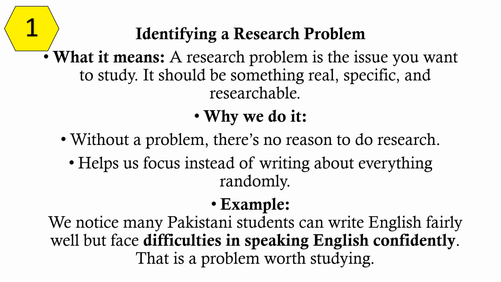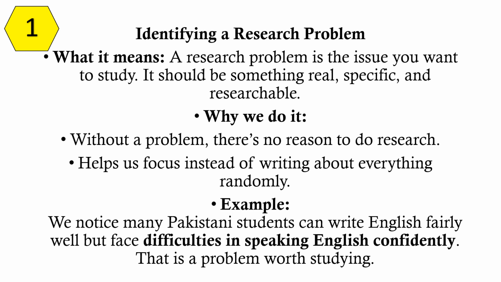So a research problem is the issue you want to study. It should be something real, specific, and researchable. So it should be helping to the people. It should be specific on some particular approach, particular domain, and it should be researchable. Like you should be able to do it. Like it should be humanly possible for a person to conduct research on it.